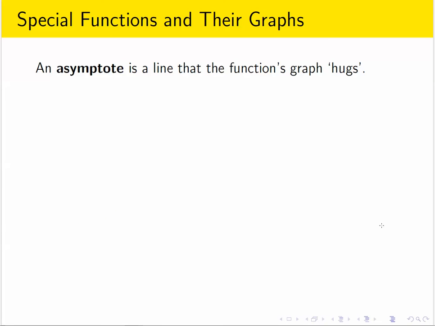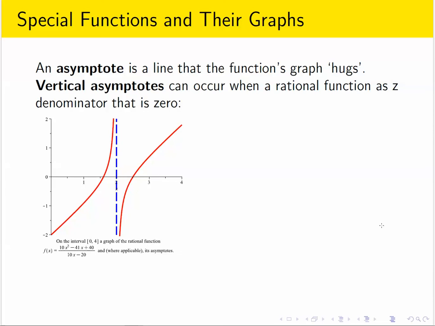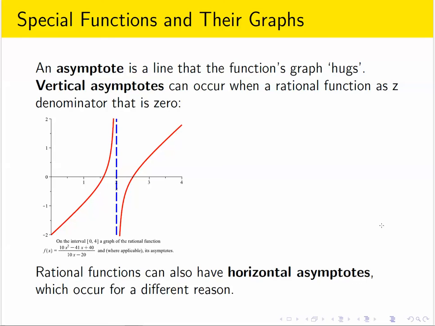So let's be clear about our terminology. An asymptote is a line that the function's graph hugs. The graph of the function gets closer and closer to this line, but the line is not itself part of the graph. It's not showing the actual function values. Vertical asymptotes occur sometimes when the denominator is 0, like in this example we already looked at.